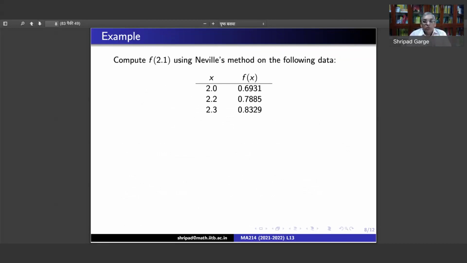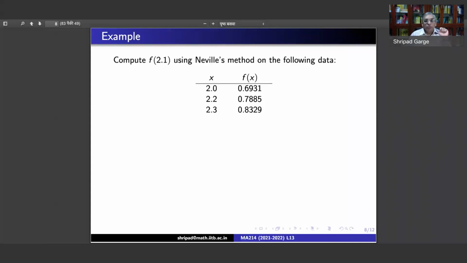We have 2, 2.2 and 2.3. It's not really uniform: the difference between the first two is 0.2, and the difference between the next two is 0.1. And those are the values that we have. So this is the table that we are working with, and we want to compute f of 2.1, and we will use Neville's method.